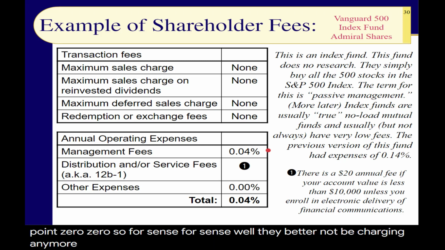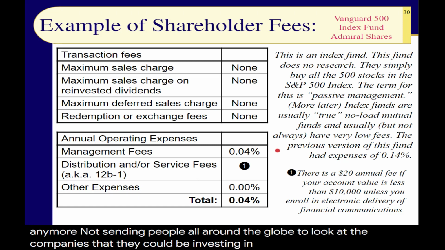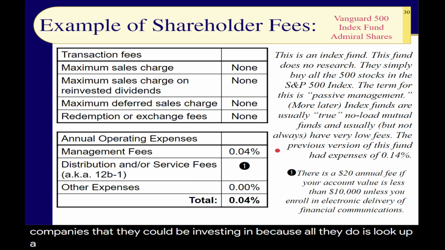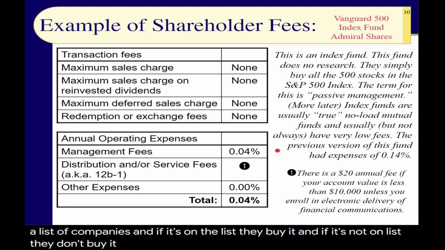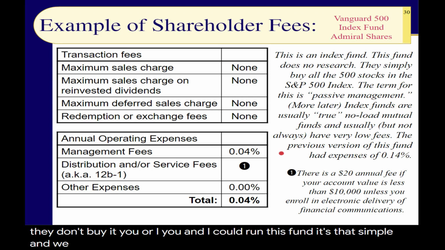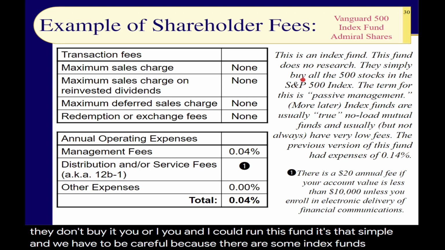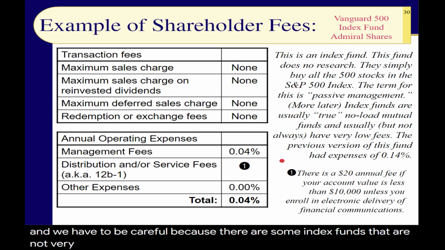They're not doing any research. They're not sending people all around the globe to look at the companies that they could be investing in, because all they do is look up a list of companies, and if it's on the list, they buy it, and if it's not on the list, they don't buy it. You and I could run this fund. It's that simple. And we have to be careful, because there are some index funds that are not very inexpensive.